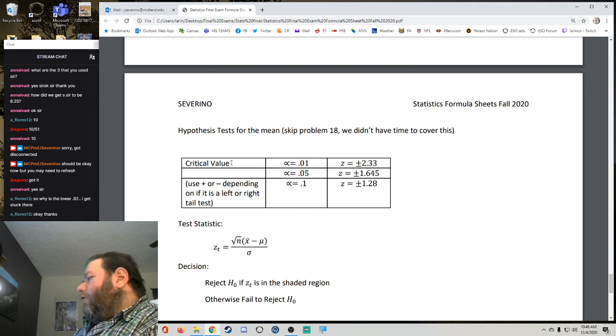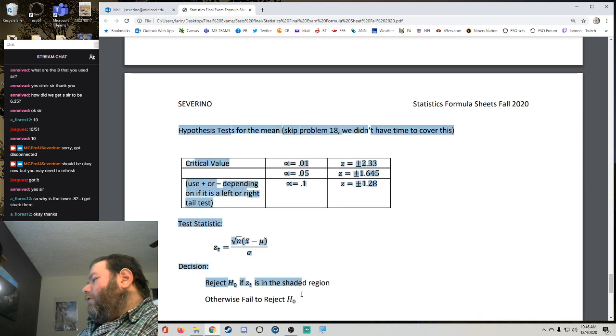Our critical value depends on the alpha, and it's positive or negative depending on if it's a left or right tail test. Then we have our test statistic down here, and then how we make our decision. So all of this is for this one hypothesis test problem.